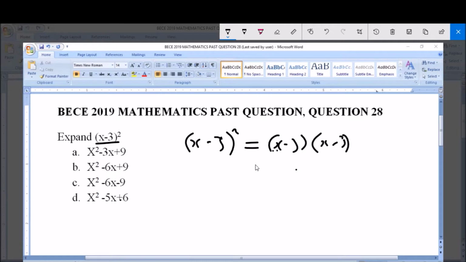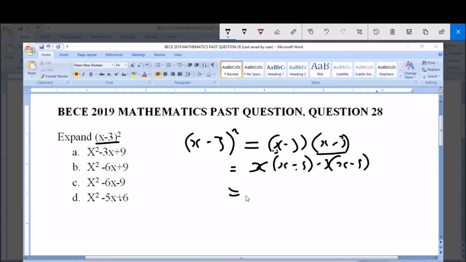So we have x(x minus 3). So we multiply this here by x. Now also we'll multiply this again by minus 3(x minus 3).